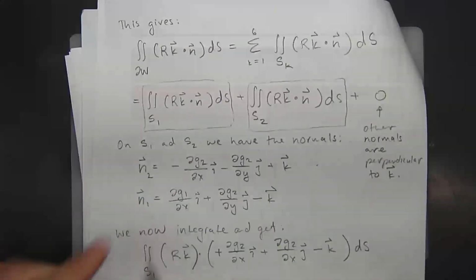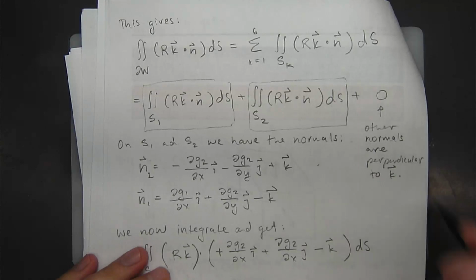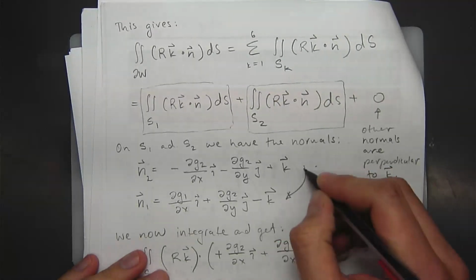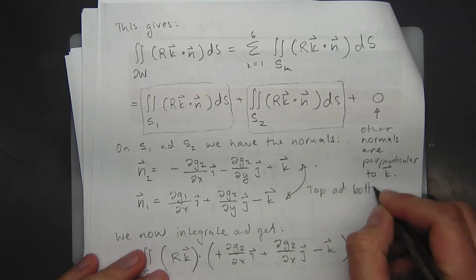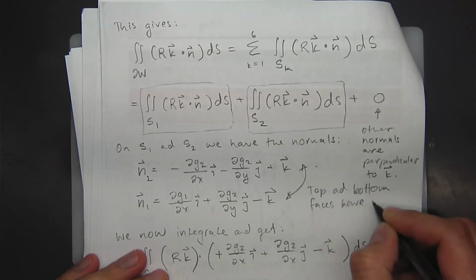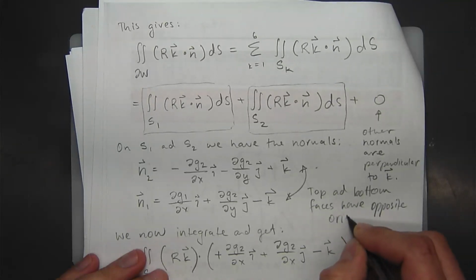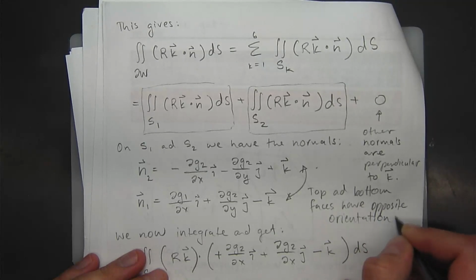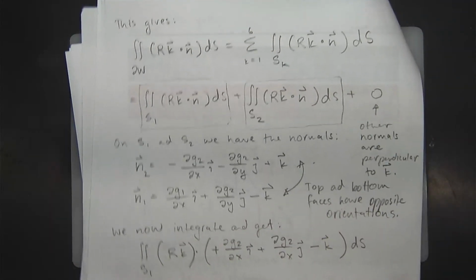When we were going through the proof of Gauss's theorem, the top bound and the bottom bound have opposite orientations, similarly to how the cube does, so we got a plus and a minus.